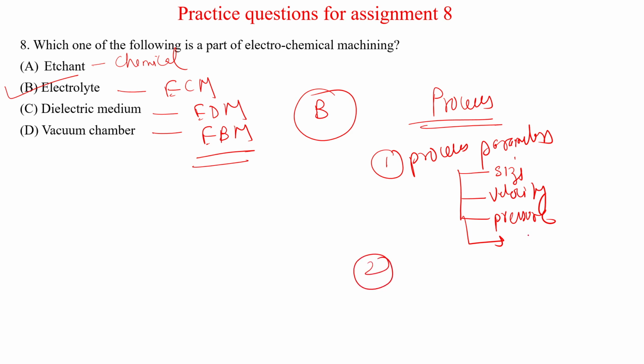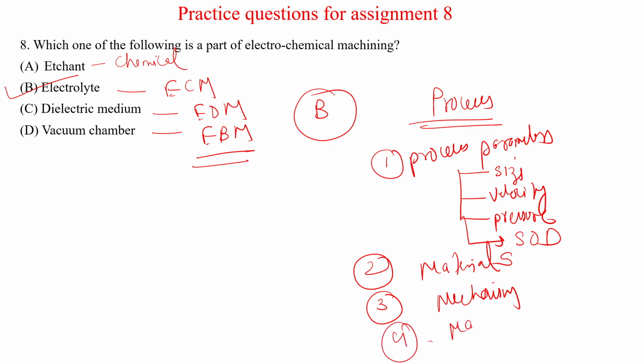One is the standoff distance. One is the materials, which materials are used, tool materials, nozzle materials. Third is the mechanism, what mechanism they are using, like melting and vaporizing. And fourth is the materials used. You need to remember this.